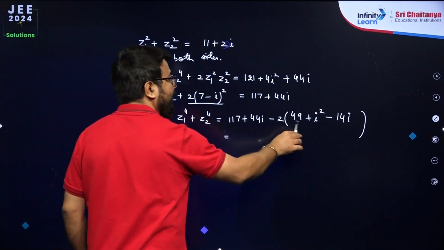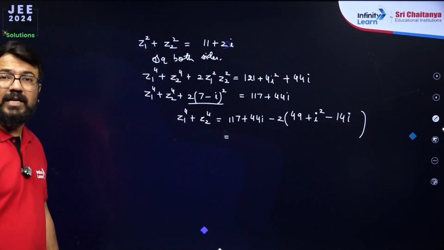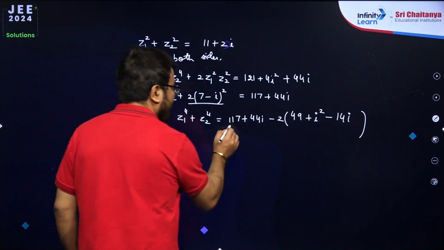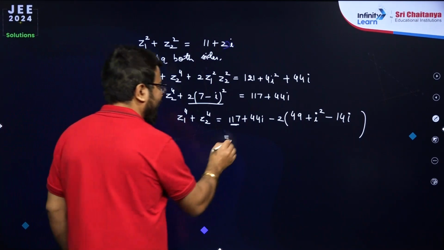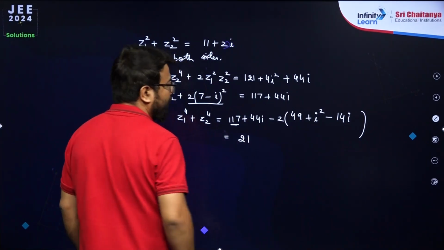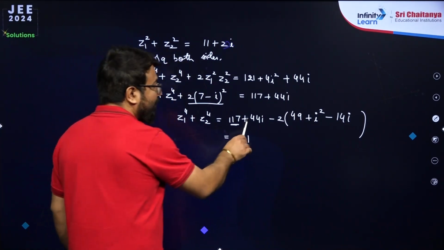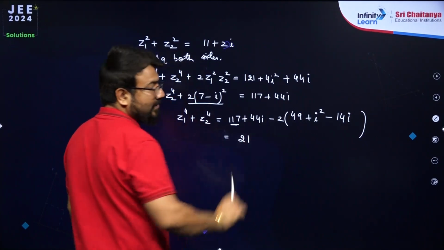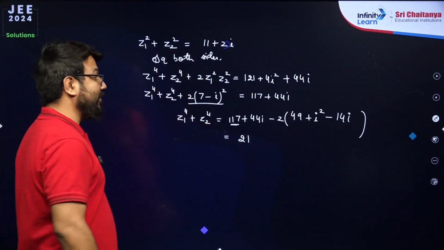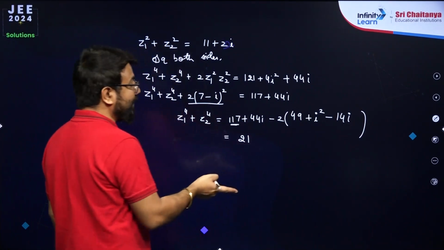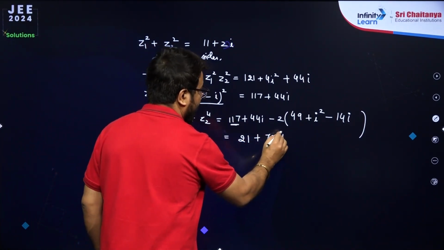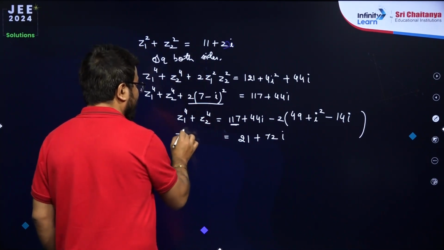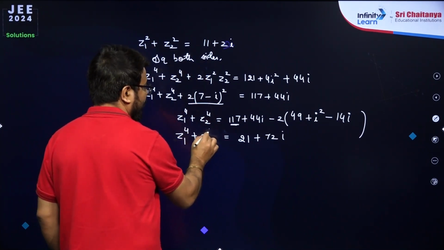This becomes 48. 48 into 2, that will become 96. So basically 117 and 96, when they are subtracted, that will generate 21. I hope you are able to understand this. 44i plus 28i, so 44 and then 28, that will become 72i. This is z1 raised to the power 4 plus z2 raised to the power 4.